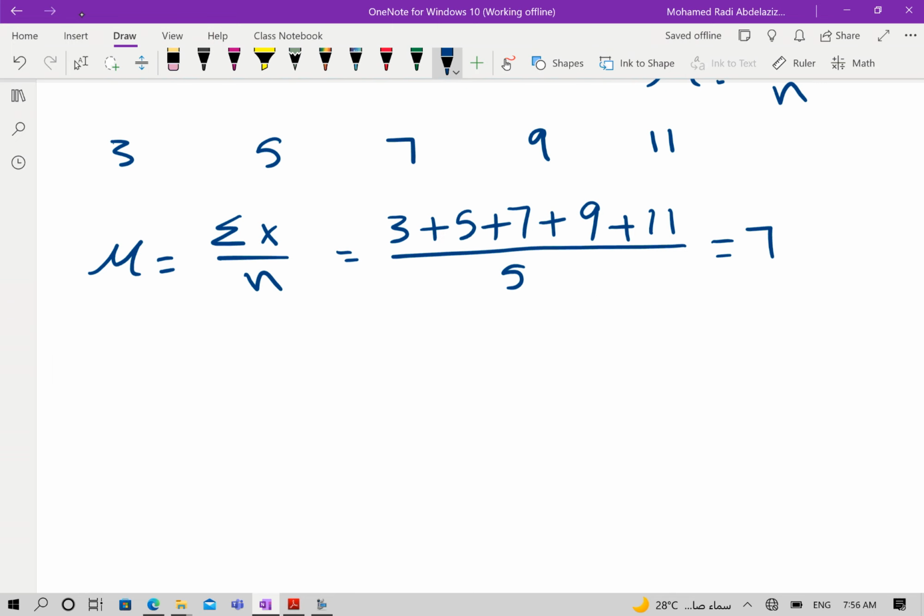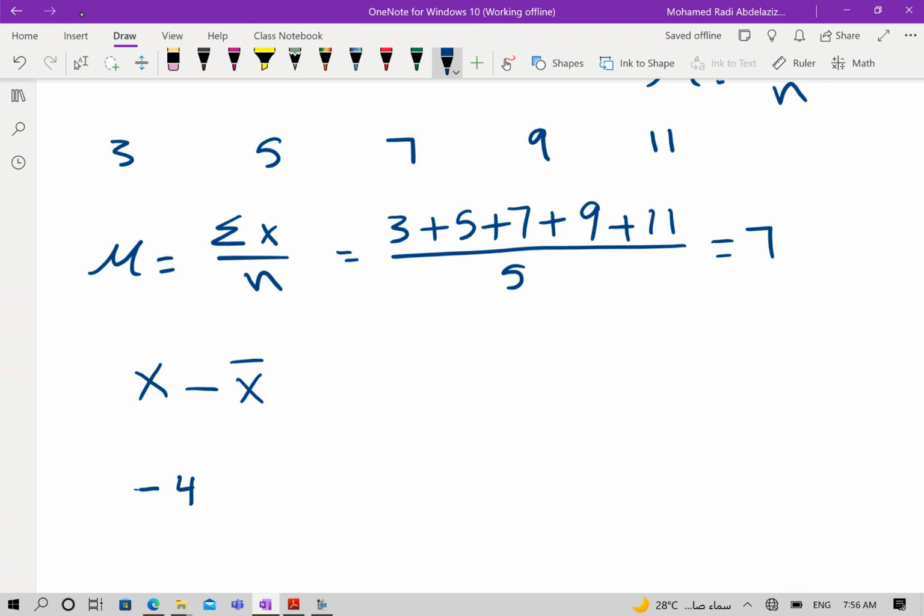If we try now to get x minus x bar, where x bar is mu, we subtract the exact value of mu from each value. 3 minus 7 is negative 4.